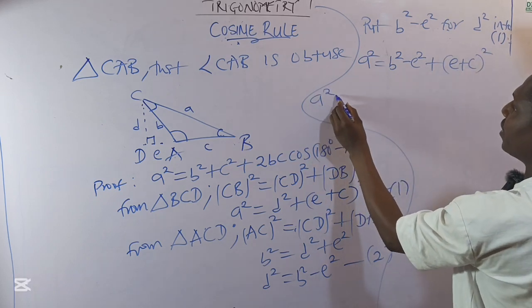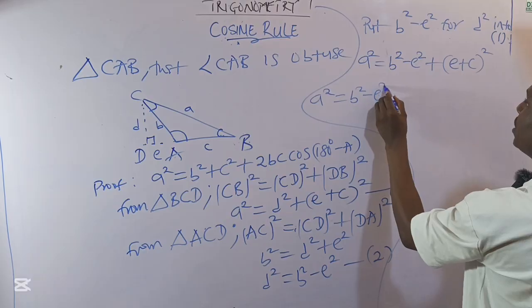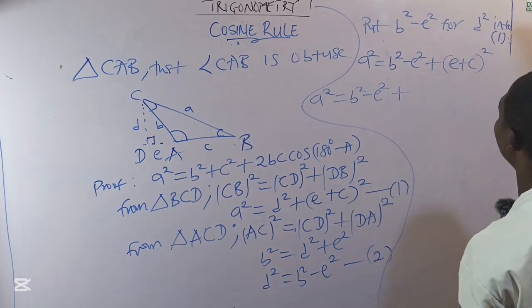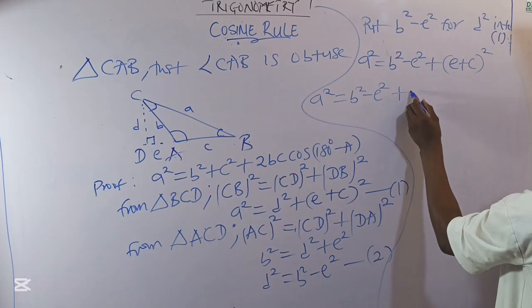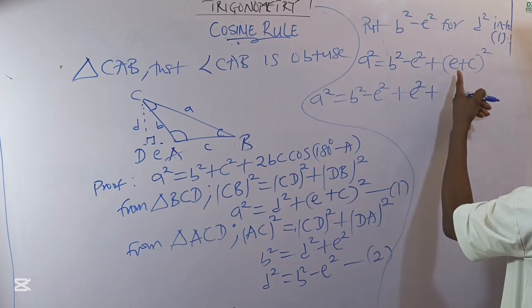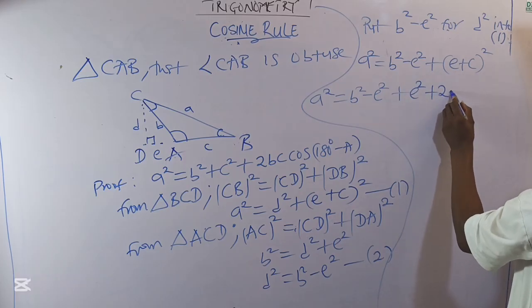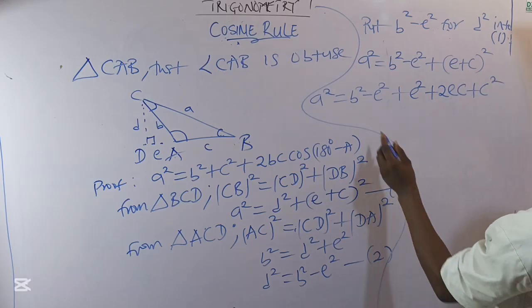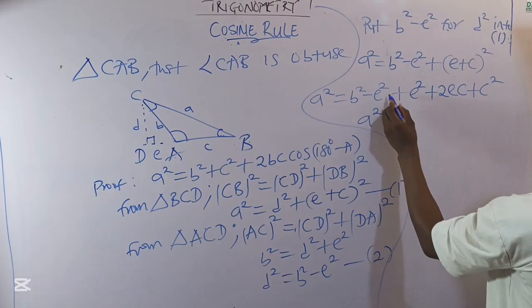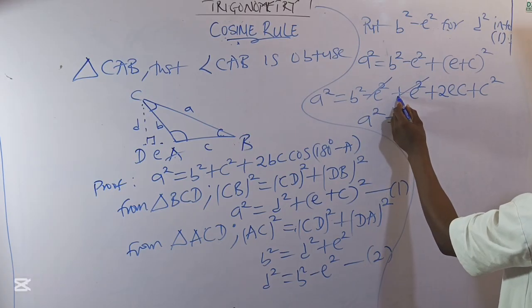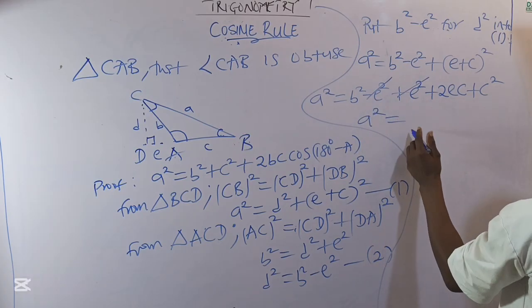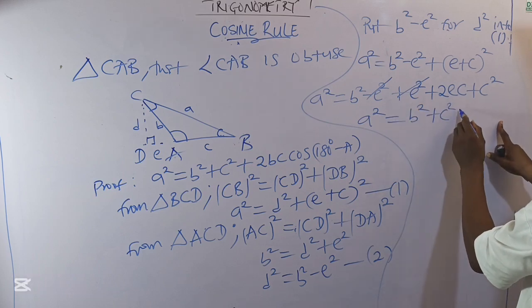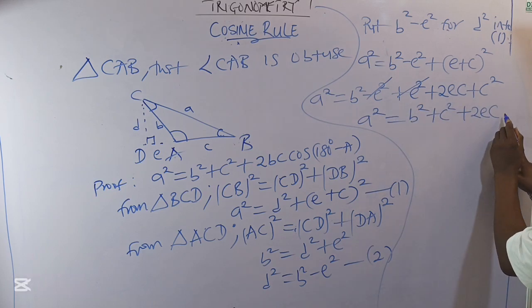So a square equals b square minus e square plus, if I expand e plus c square using the binomial theorem, e square plus 2 times e times c, giving me 2ec, plus c square. And a square equals, minus e square can cancel plus e square, and I'll have b square. I can rearrange this: plus c square plus 2ec.